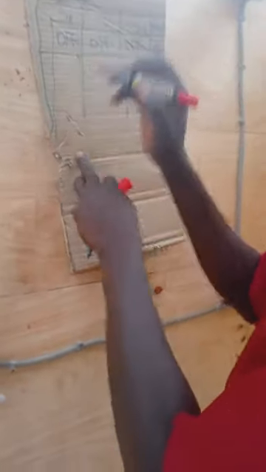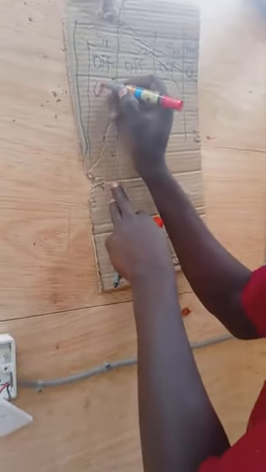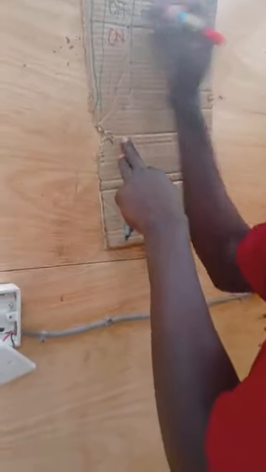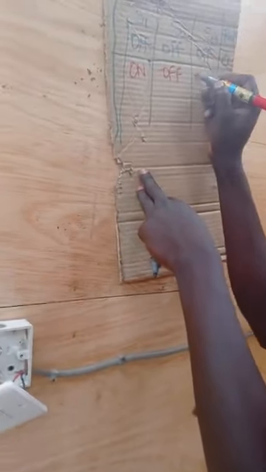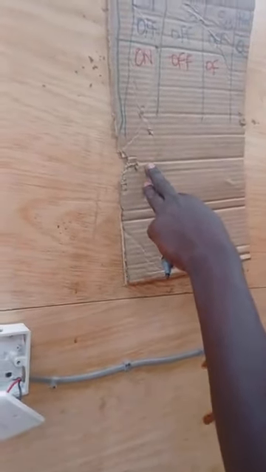When switch 1 is on and these other two switches are off, what shall we get?